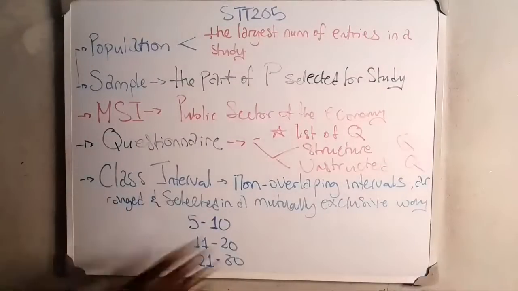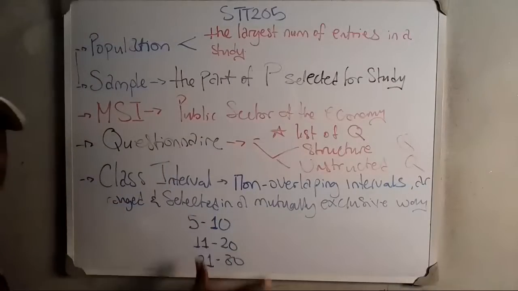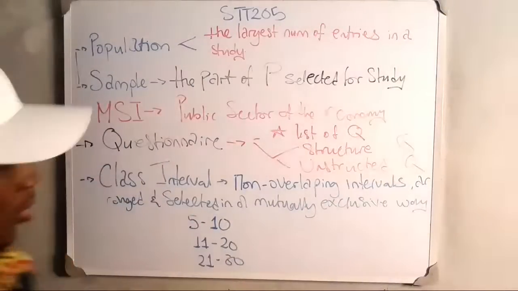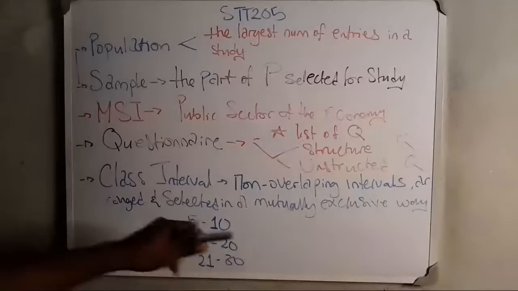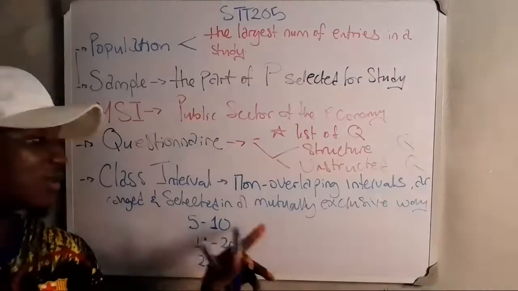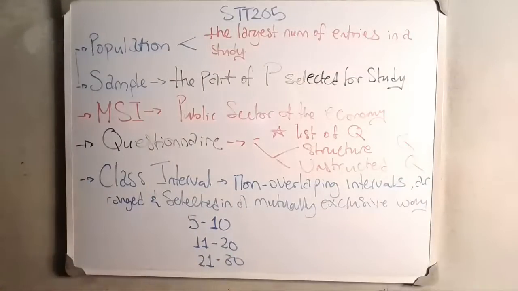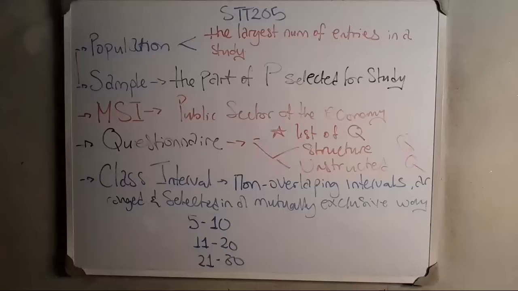Now this group is different from that group. Nothing is joining every set, they have nothing in common. So they are non-overlapping intervals arranged and selected in a mutually exclusive way.